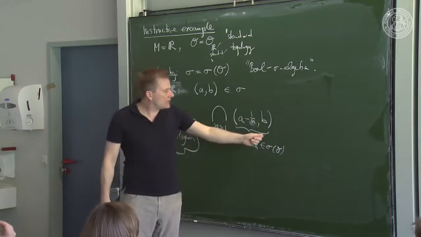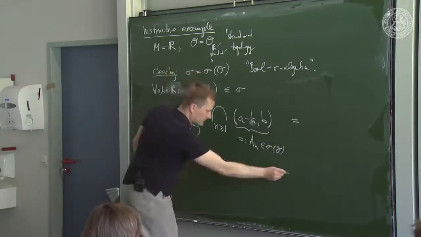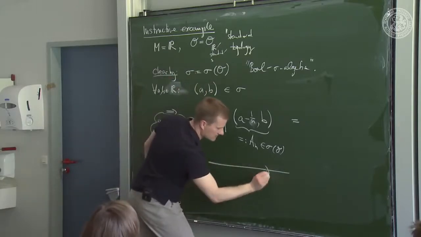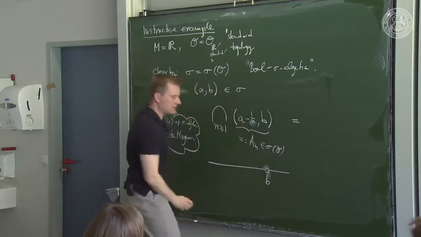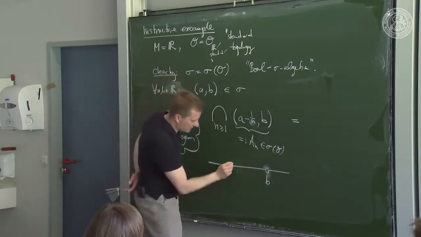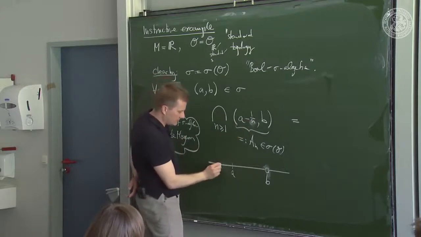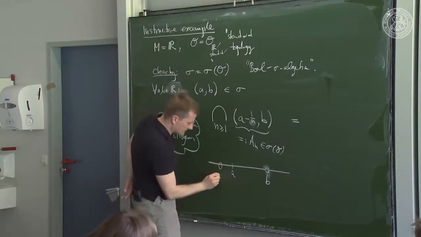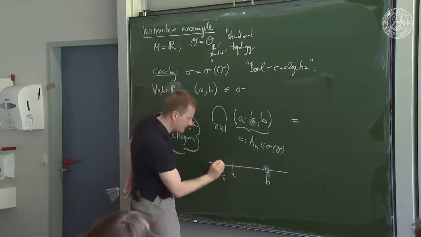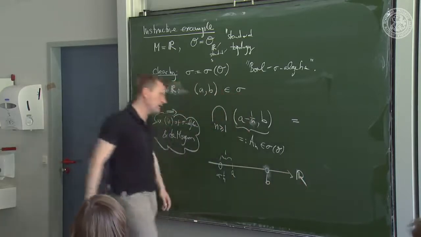Okay, so we do this, but we all know what this is. If I take all these intervals, I can draw a picture. So this is the point b, which is not in the interval. This is the point a, say, and a - 1/n, say for step 1, would be this point, but it's not in. The distance 1 on the real axis.